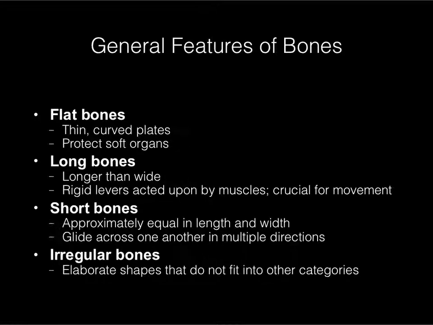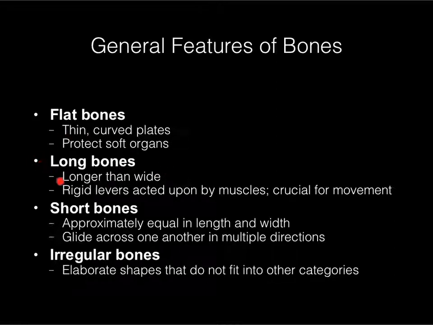So, for instance, most of the bones in your skull are flat bones. Certainly, all of the bones in your cranium that make up the portion that protects your brain are flat bones. And some of the bones that make up your face are flat bones. So there's more variation there.